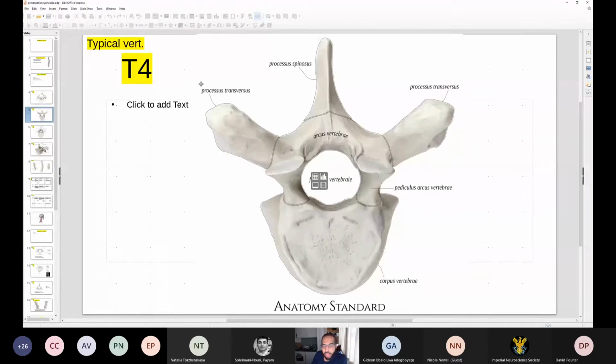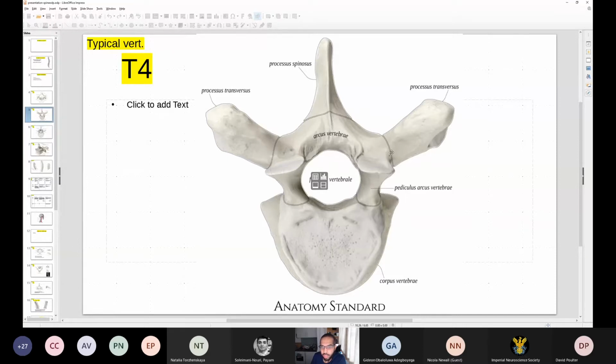Next, we'll look at another typical vertebra, but this time it's from the thoracic region. So we're looking at T4. So here we'll have a body and an arch. As always, the arch is composed of different bits.